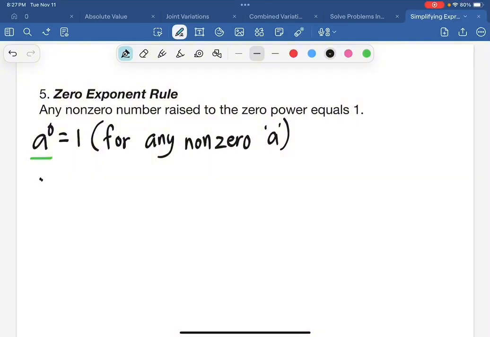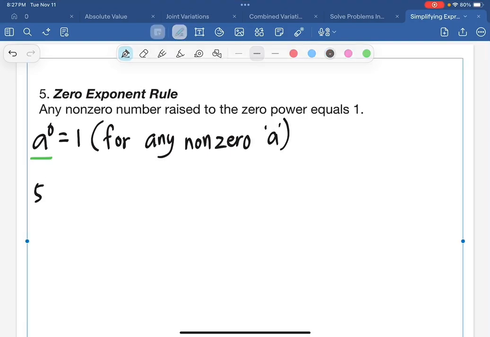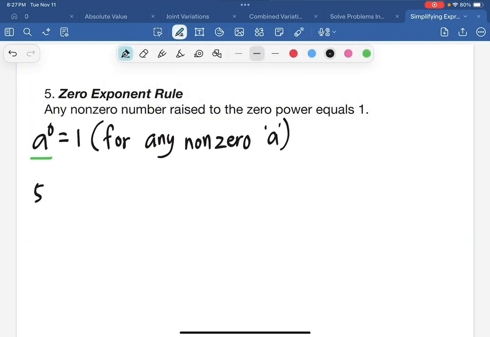For example, of course, any variable raised to 0 would be 1, obviously. But let's talk about numbers first. So if you have 5 raised to 0, 5 raised to 0 is 1. Even if we try 5.118 raised to 0, it is 1.